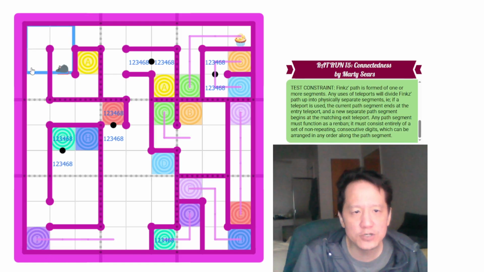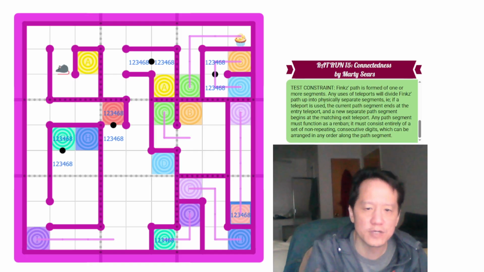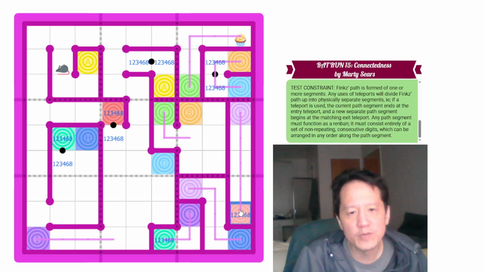So either she goes straight to E, or she teleports to A and then goes from A to E. And then from E, the E has to be 1, 2, 3, 4, 6, or 8. From E, she has to go to F, F to H, H to somewhere to G, G to I to D, D to B, B to C somewhere, and then C to the cupcake.